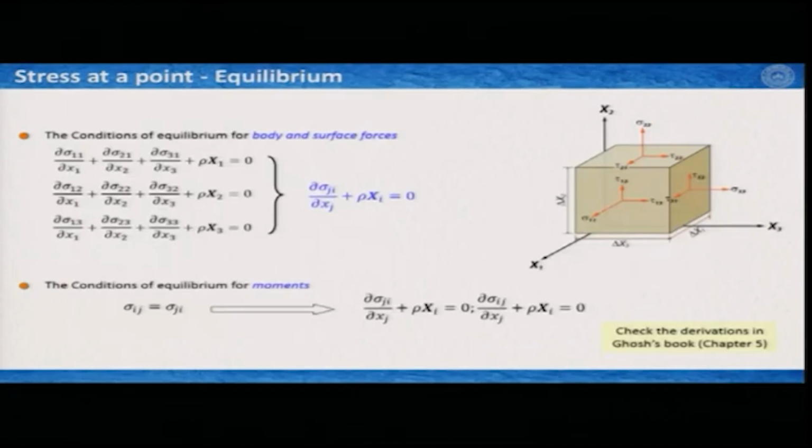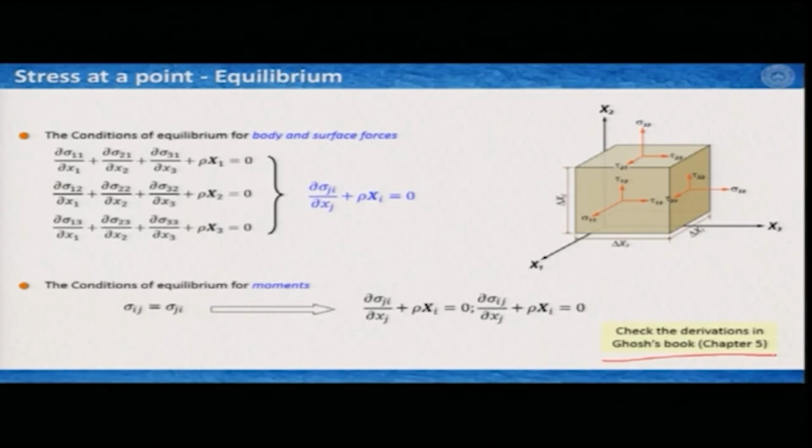Now, there are some fundamental equations that we need to learn, which are known as equilibrium concepts of the stress tensor. I am not deriving these equations, but as I have noted here, you can get this from one of the books I referred, Professor S. K. Ghosh's book. If you go to chapter 5, you can see this.